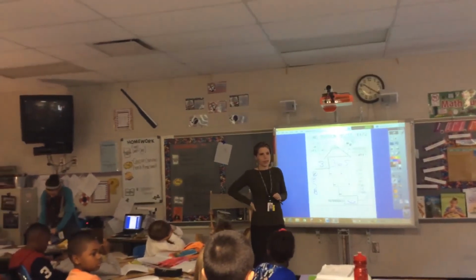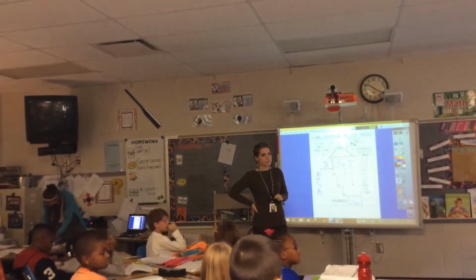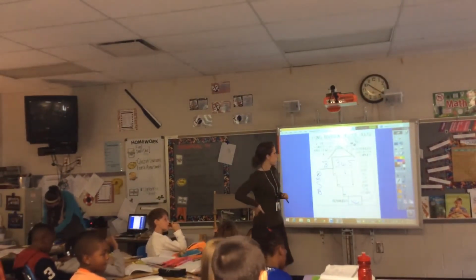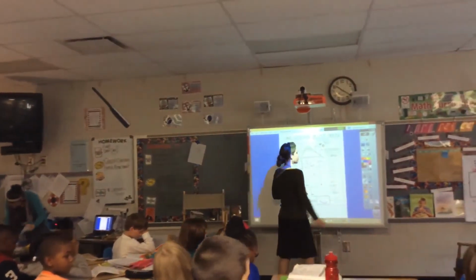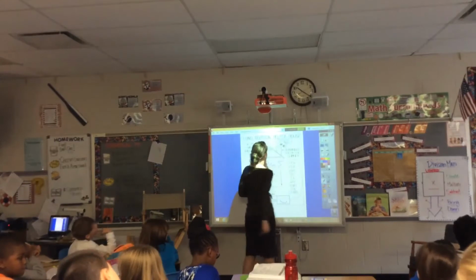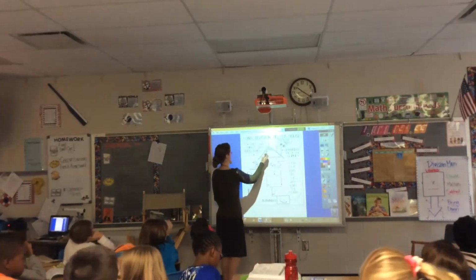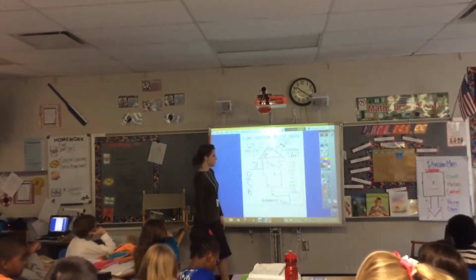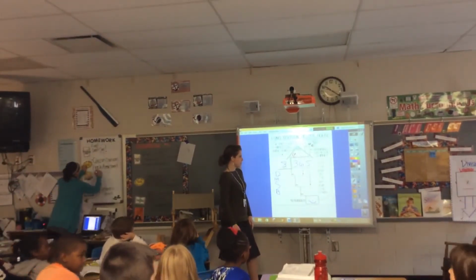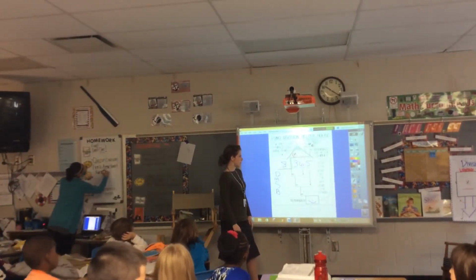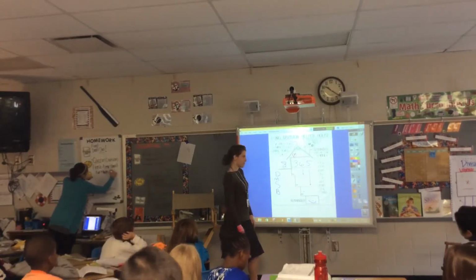You do first what you see if 8 can go into 3, and it doesn't. So you take it to the top. You take it to the attic. You say 8 times 0 is 0.